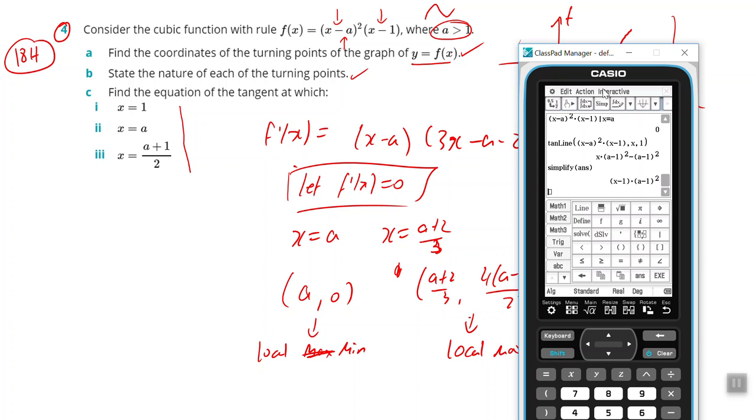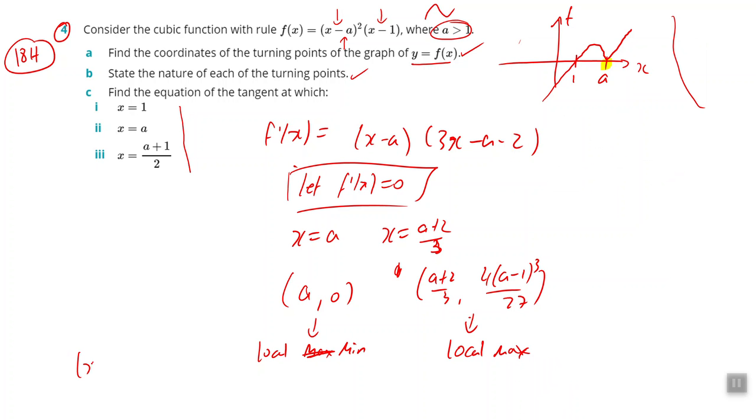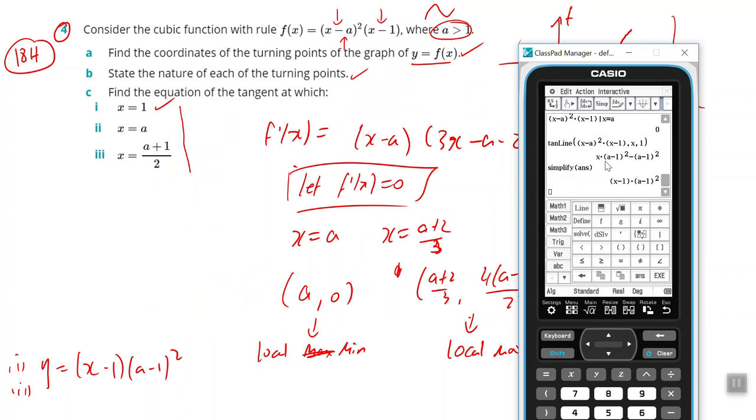So (x − 1)(a − 1) squared. So the first tangent, part 1, is y equals (x − 1)(a − 1) squared. That's the equation of the first tangent. For part 2, you sub in a. So instead of tan line at 1, we want the tan line at a.